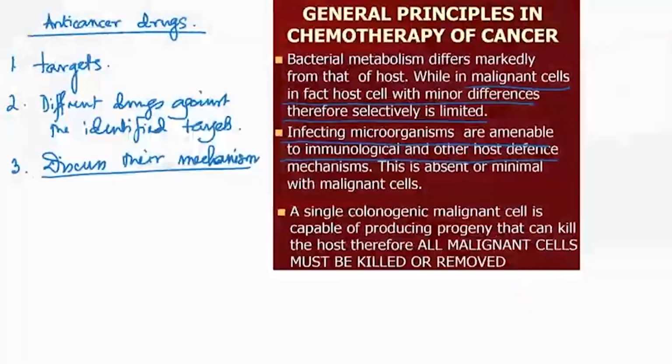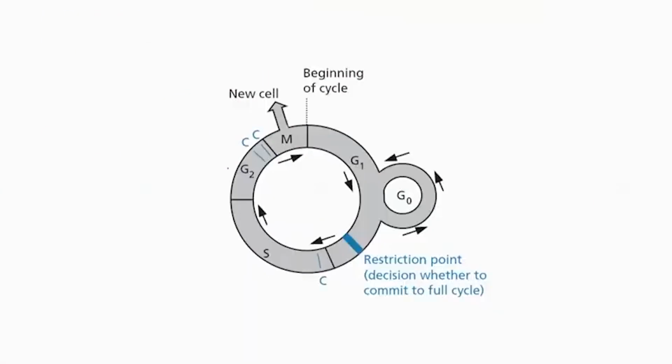So, let us start. I mentioned that cancer cells have uncontrollable growth, whereas normal cells have a definite life cycle pattern. It does not grow uncontrollably, the normal cells. When it is required, it will grow.